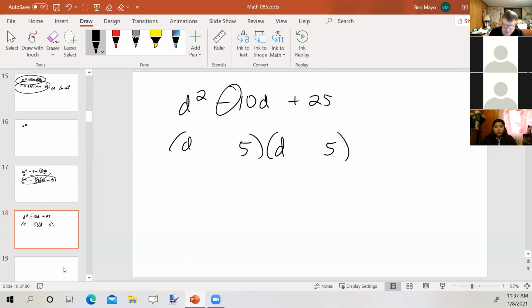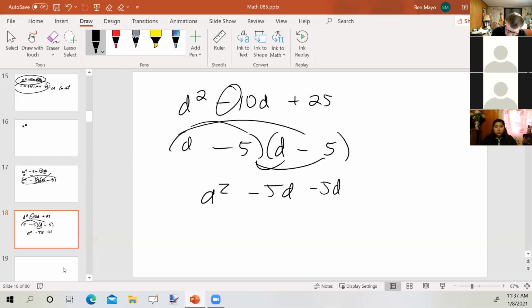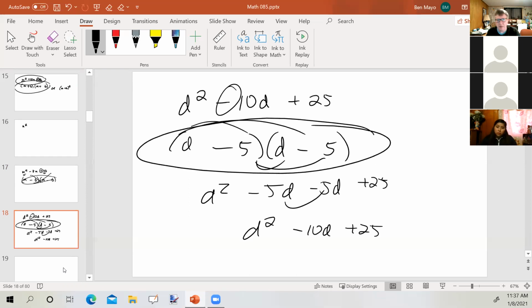To get a minus in the middle, we'd have to have two minus signs there. Does that work? That gives us d squared minus 5d minus 5d plus 25, d squared minus 10d plus 25. So yes, it is a perfect square trinomial, and we can factor it with two identical factors.